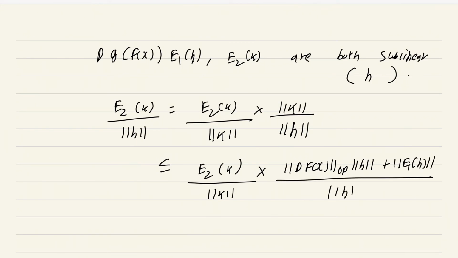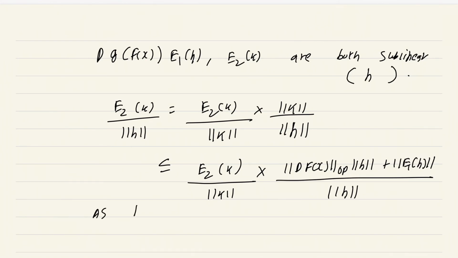I have just expanded out what norm k is, which is f of x plus h minus f of x, using the definition of the derivative and then some basic properties like the triangle inequality and the basic properties of the operator norm.